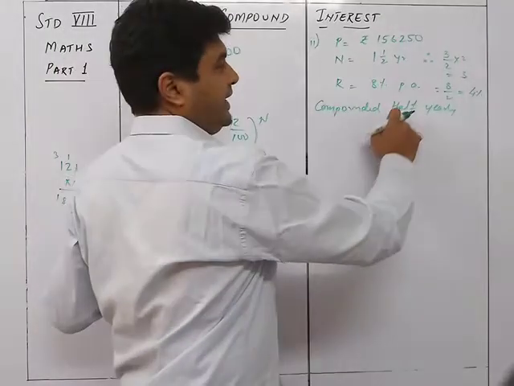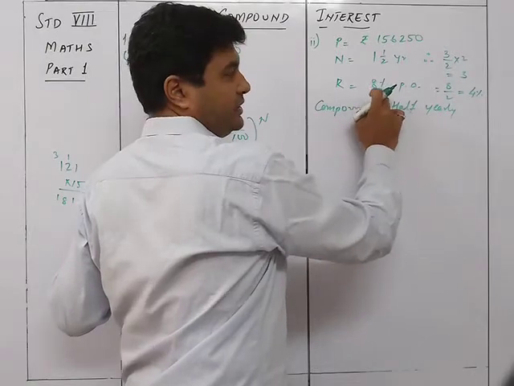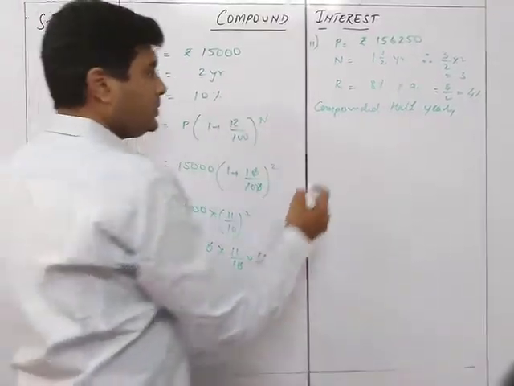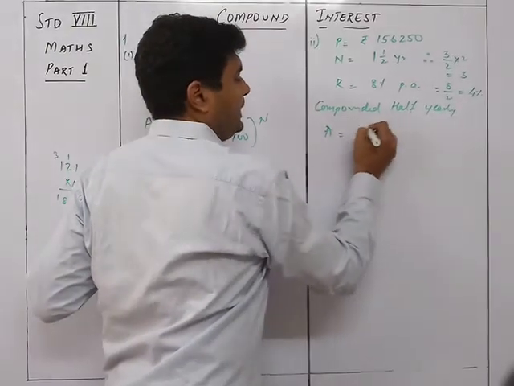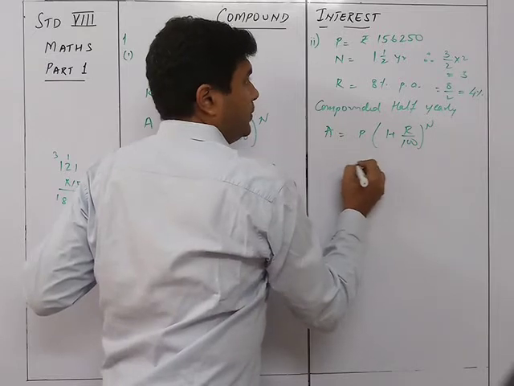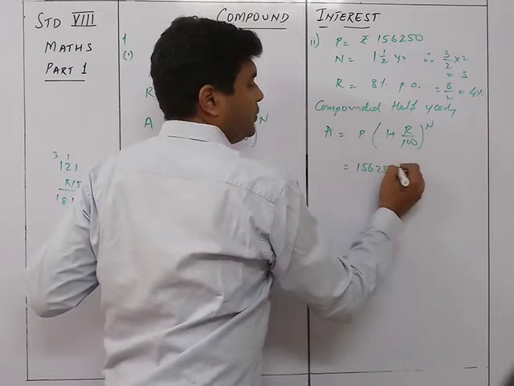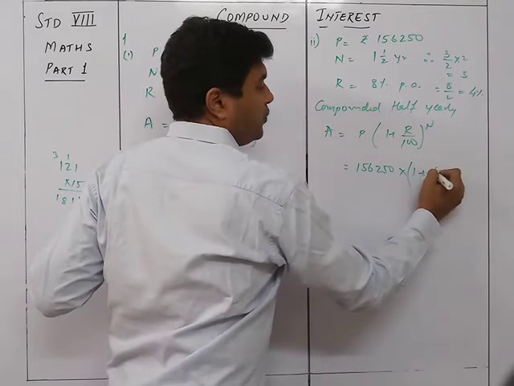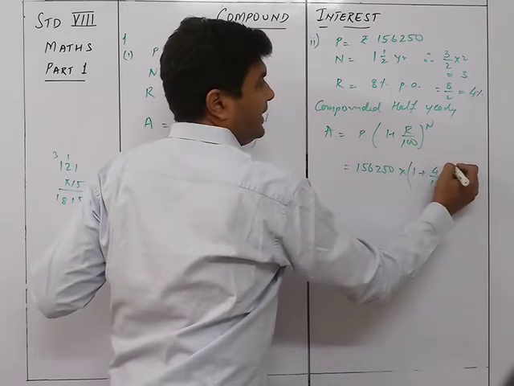I told you, if it is half yearly, then the time will double and the rate will become half. So there will be 4 and 1.5 into 2 is 3. So A is equal to P(1 + R/100) raised to n. We know it is 156,250 into (1 + 4/100) with n as 3.